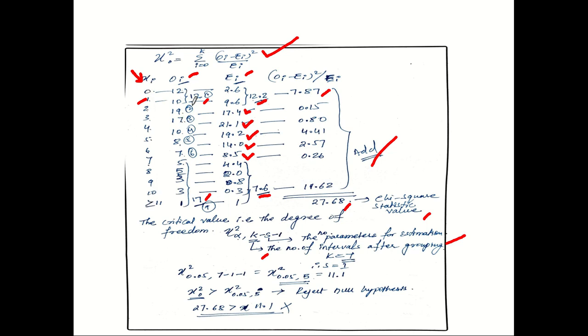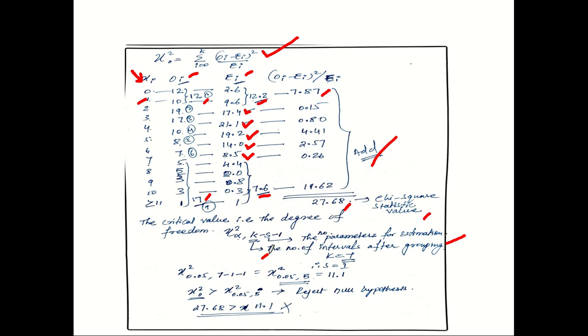Once we group with the adjacent class intervals, we get 7, that is 1 2 3 4 5 6 7. So 7 is the value of k, and s is the number of parameters for the Poisson distribution. How many parameters are we estimating here? Only one parameter, that is alpha cap equal to x bar. So take 1 for s, and minus 1.